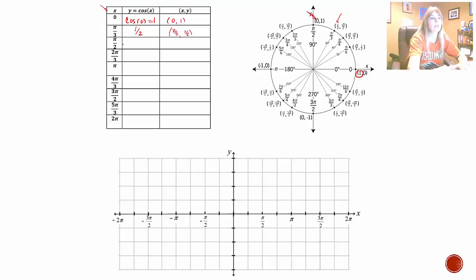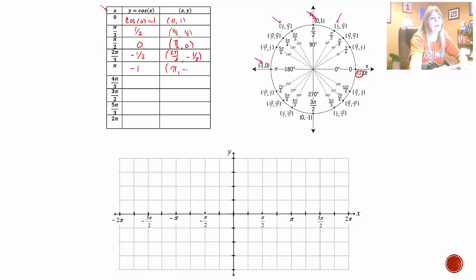Pi over 2, looking at the x values, so pi over 2 and 0. 2 pi over 3, negative 1/2. Pi, I'm at negative 1.